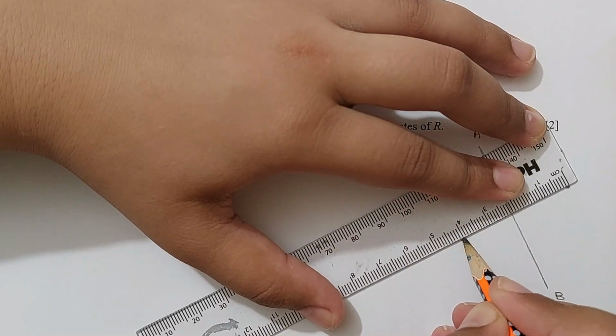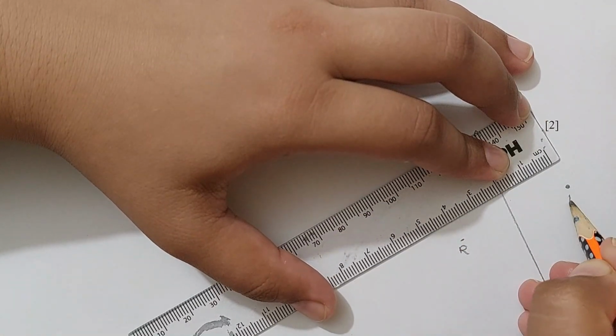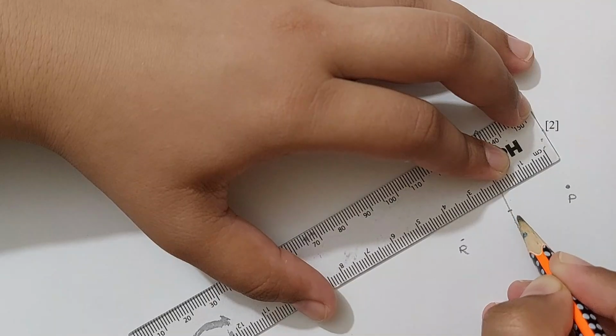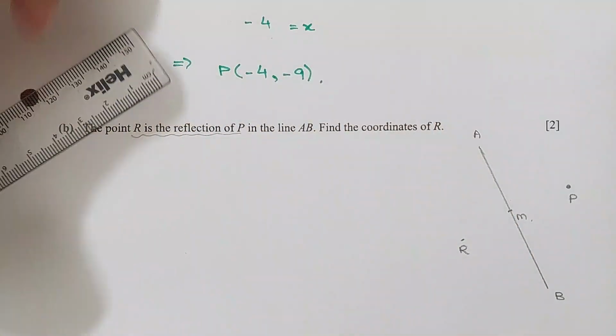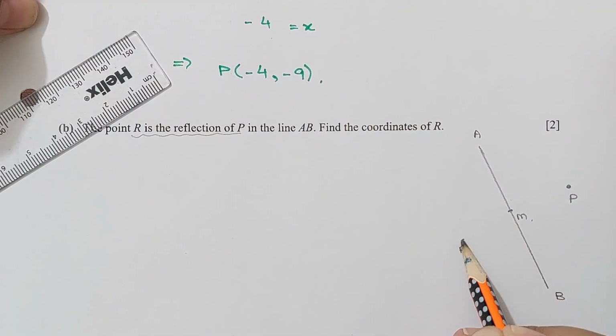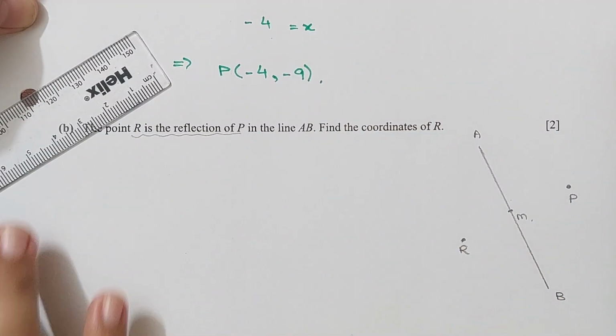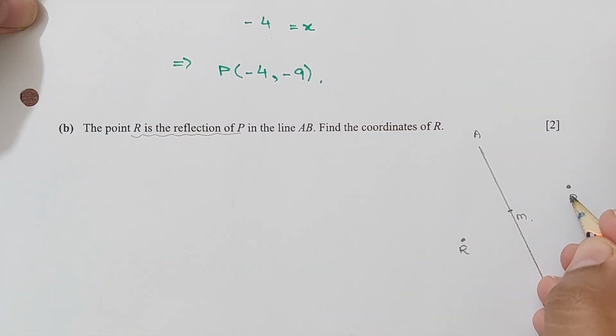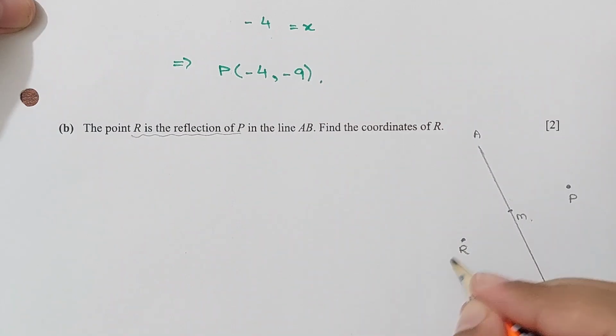So let's say the point R is over here and P is over here, and this is the midpoint of the line, right? So we have point P, we have the midpoint, and we have to find the point R. So using the midpoint, we can find the other endpoint of the line, and the reflection line is basically the perpendicular bisector of this line, right?